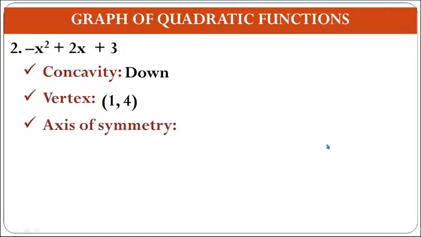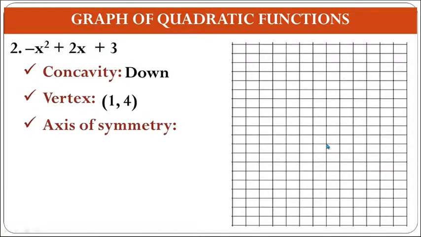Axis of symmetry again. Magagraph tayo. Ito si x-axis and y-axis. Then i-plot natin si vertex: positive 1 ang x, positive 4 ang y. From the 0, positive 1 ang x dito. Then let's count positive 4 sa y: 1, 2, 3, 4.